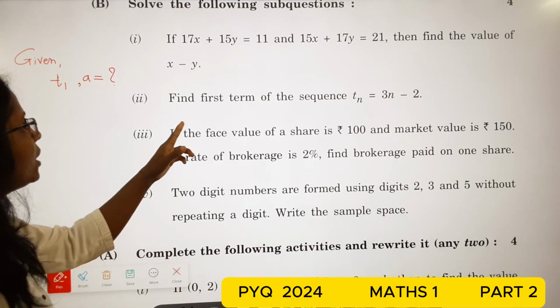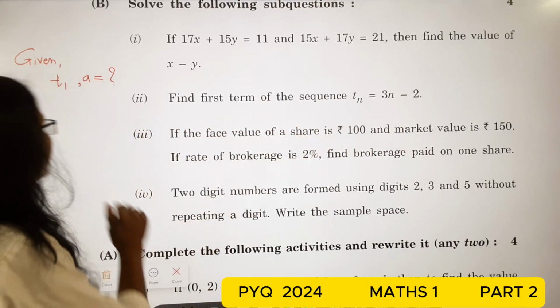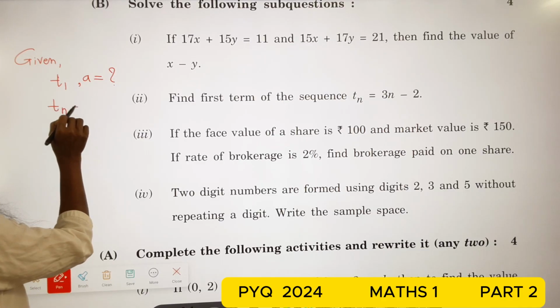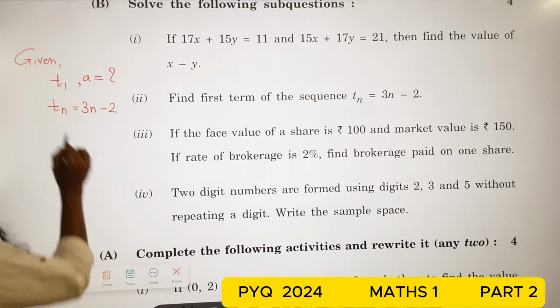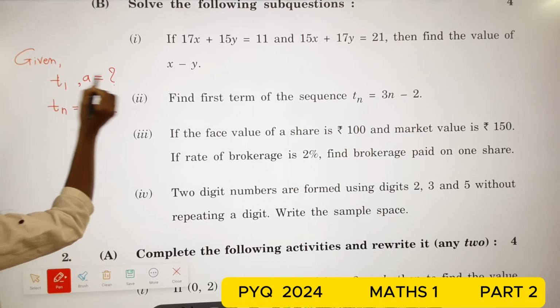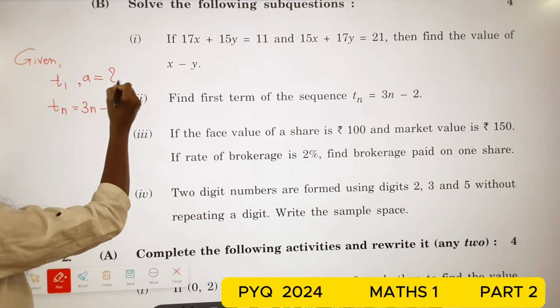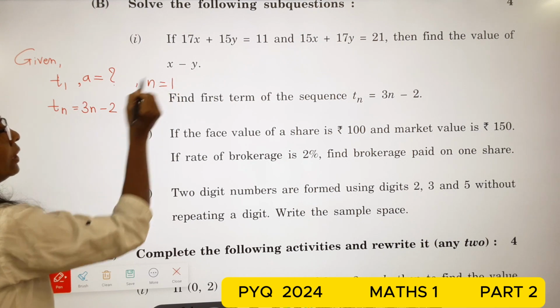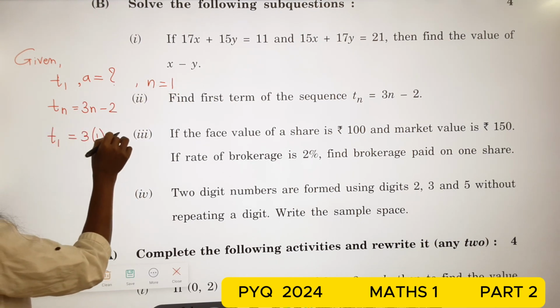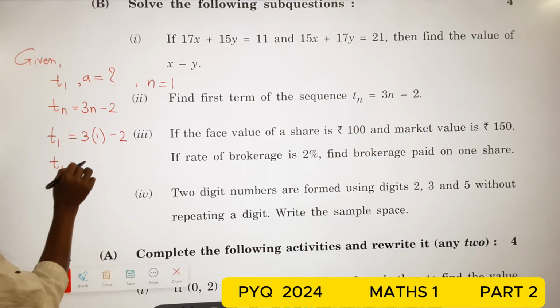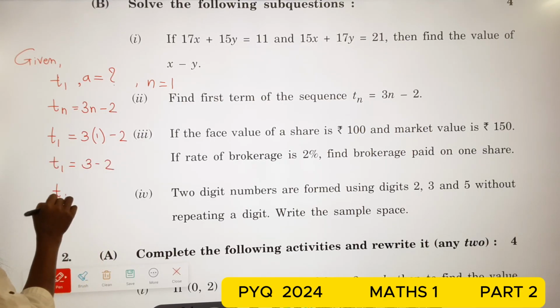Okay, so now here the sequence is tn is equal to 3n minus 2. Okay, so now here in place of tn we have to calculate t1, that means n is equal to 1, student. So here I put t1 is equal to 3 multiplied by 1 minus 2. So t1 is equal to 3 minus 2 and that is t1 is equal to 1.